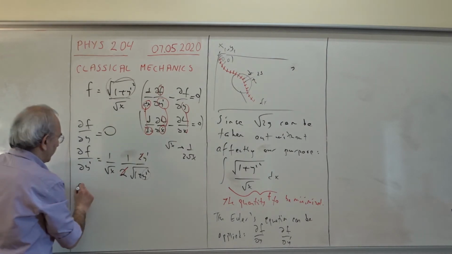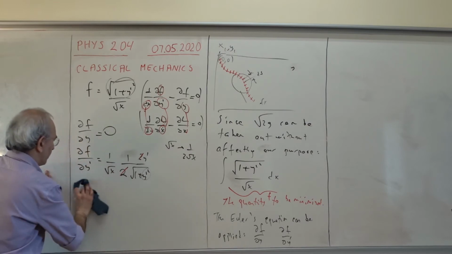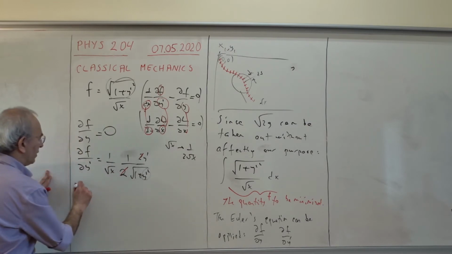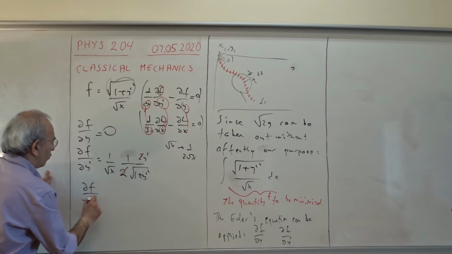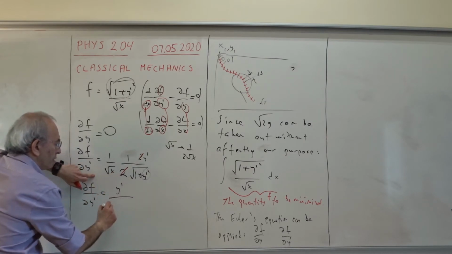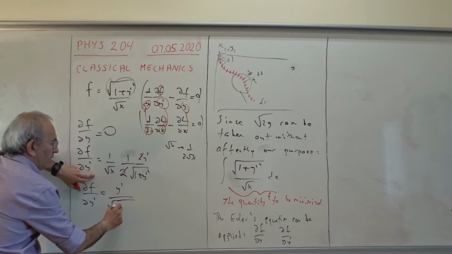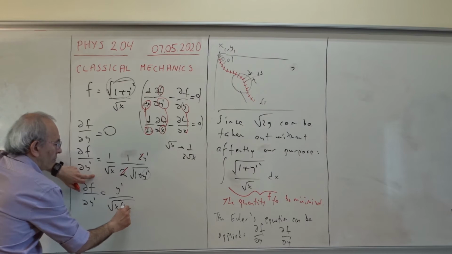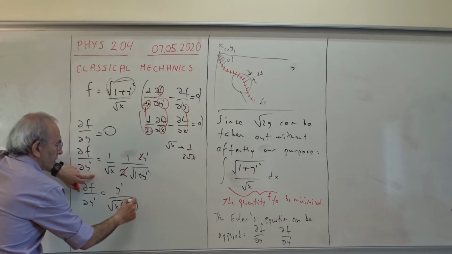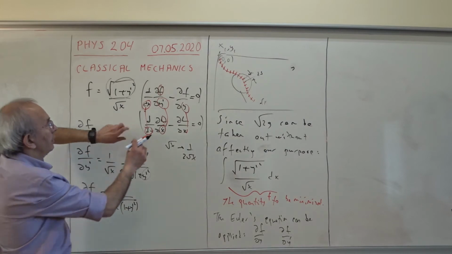So that del f by del y prime is simply y prime over root x, let's put it inside, x times 1 plus y prime squared. And now we obtain this part.